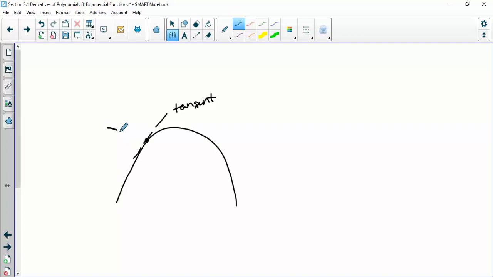So the line that would hit the tangent line and make a right angle is what's called the normal line. We don't use it nearly as much because it doesn't have as many applications as the tangent line does, but we do see it occasionally, so it is something that we need to talk about.